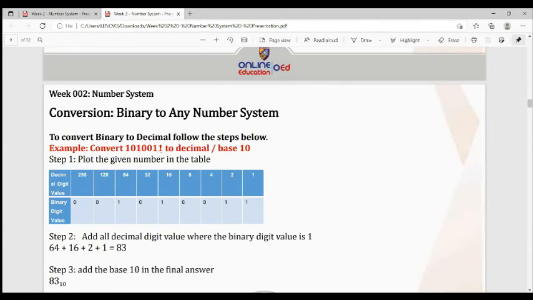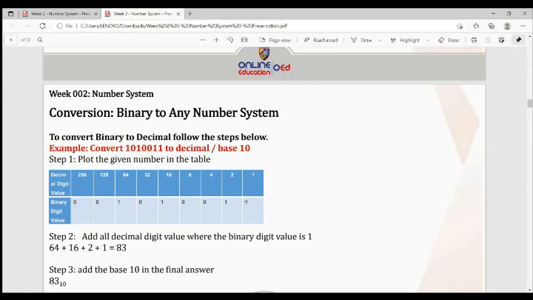We have here the decimal equivalent of each binary is 1, 2, 4, 8, 16, 32, 64, 128, 256. So, yan yung equivalent niya. Pero, i-consider natin yung given. The given are 1, 0, 1, 0, 0, 1, 1.